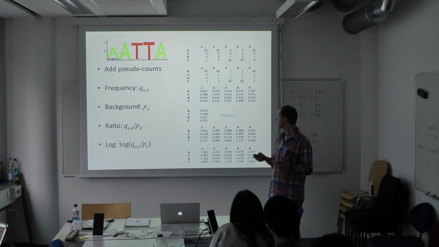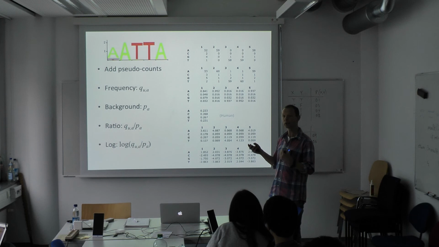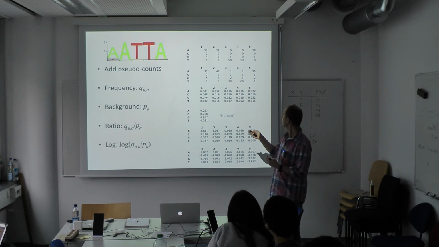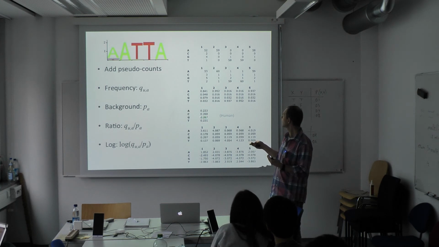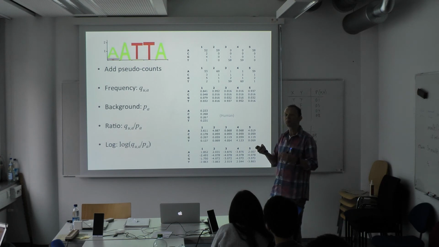So it could be critical to model this background, because we will then be able to look at the frequencies in the context of these. We are less surprised to see a G just because it's occurring by random. So when we see it in an actual hit or match, we will not be as surprised as we would if we see, say, a T there.